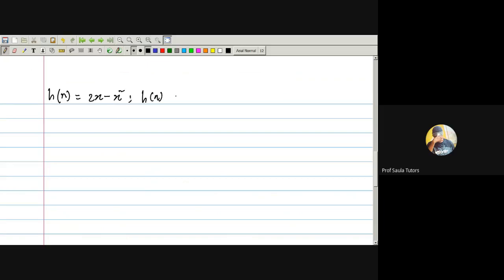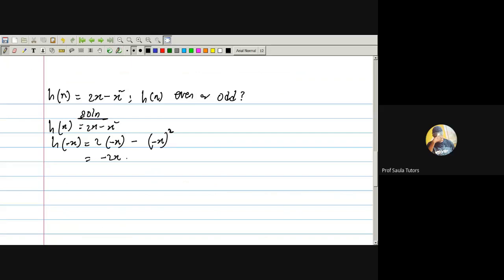Firstly, this is how you are going to attack the question. Just find h of minus x. Your h of x is 2x minus x squared. So find h of minus x. Wherever you see x, put minus x. So you have minus x, then square. Wherever you have x, just input minus x there. So what do you have?